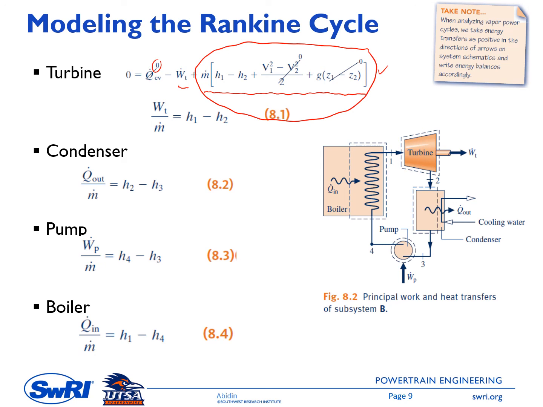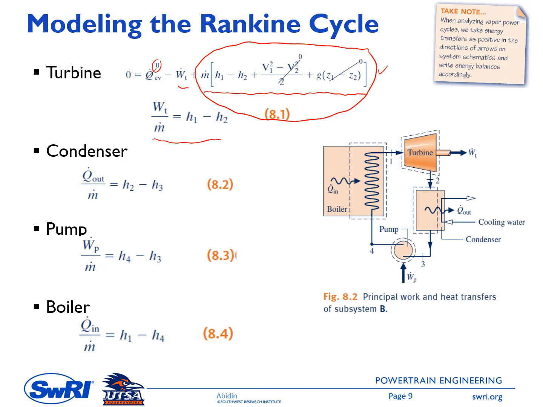Assuming that the contributions of the kinetic and potential energies are neglected, we have equation 8.1 here to estimate the power generated by the turbine. This is just the difference of the enthalpy between in and out.